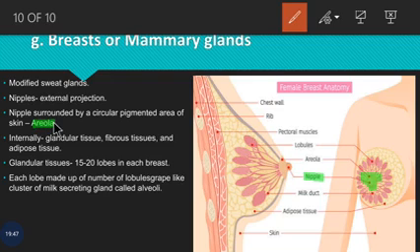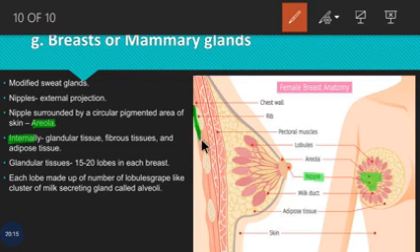What we are going to call it is the areola. If we see the breast anatomically, we will find internally there are glandular tissues, fibrous tissues and adipose tissues. We can see here the breasts are placed on the chest wall, right?